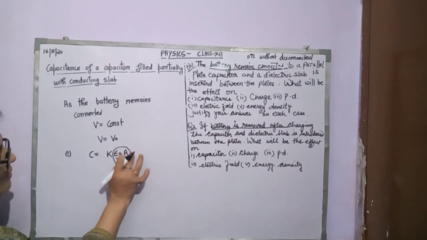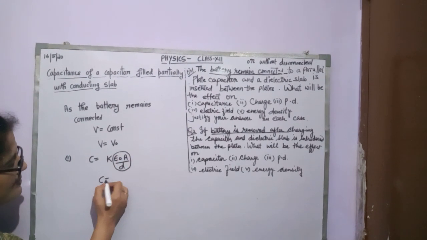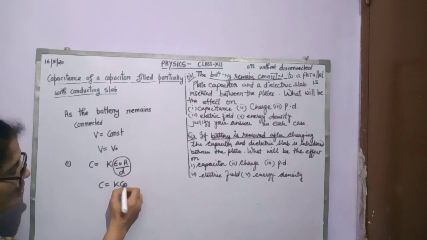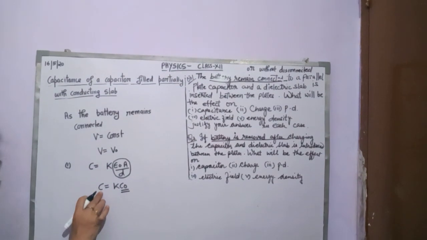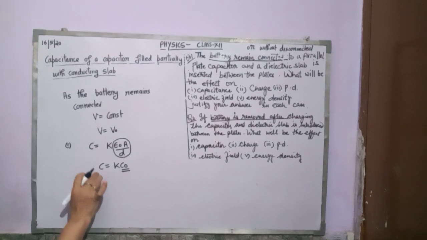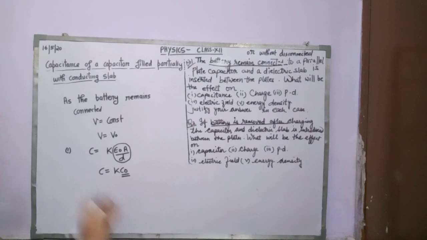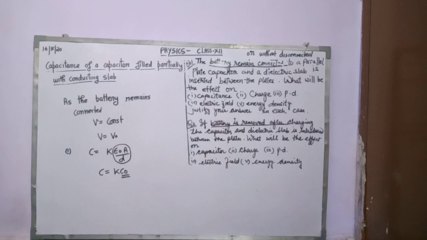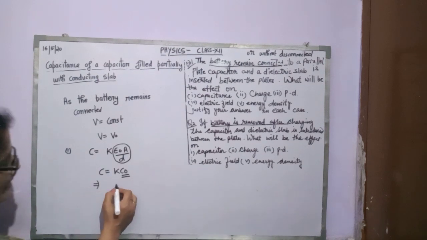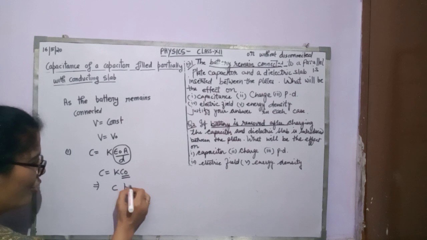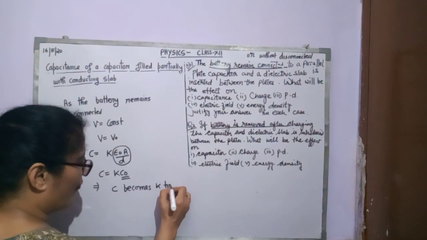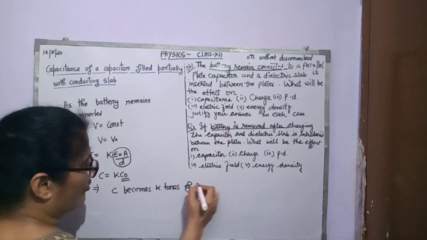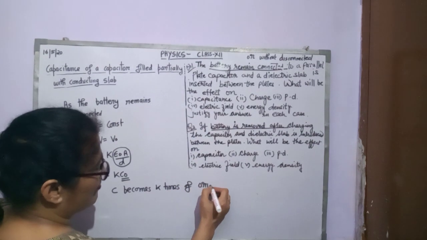Then you can write here C is equal to K C naught. This is when the dielectric slab is placed, and you know the value of the dielectric constant is always greater than 1. This implies that C becomes K times of the original capacitance.